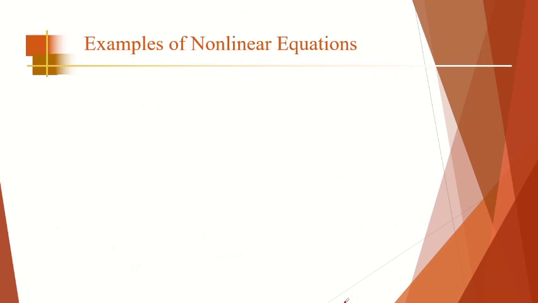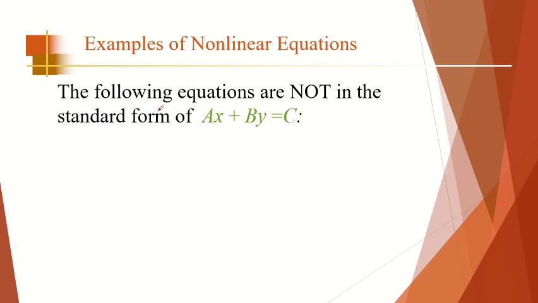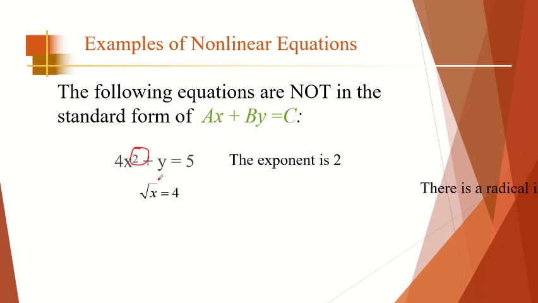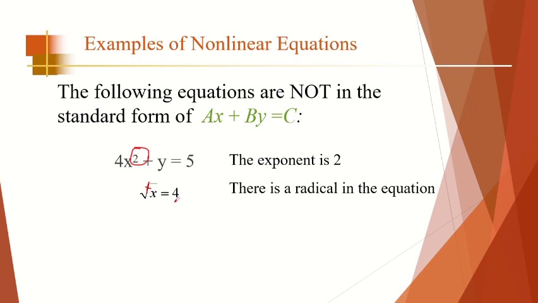We have examples of non-linear equations. First, this one is not in the standard form. Why is it not a linear equation? Because here, the exponent is 2. That's supposed to be 1. About this, of course, there is no radical. Radicals are not allowed.